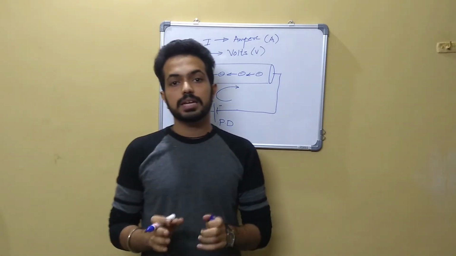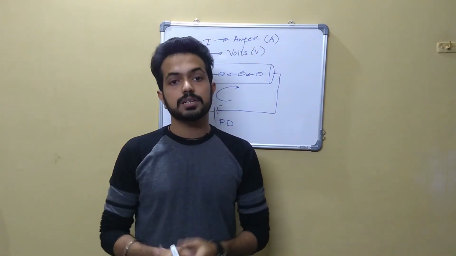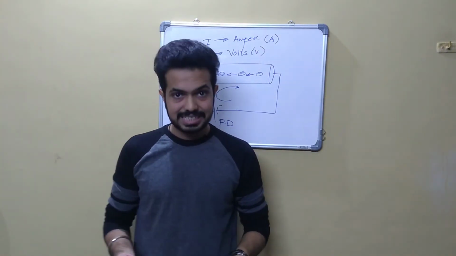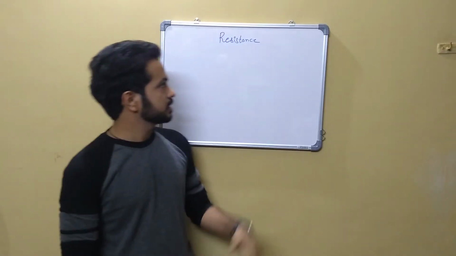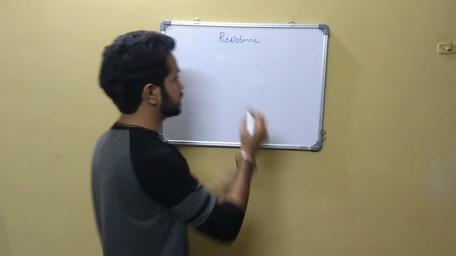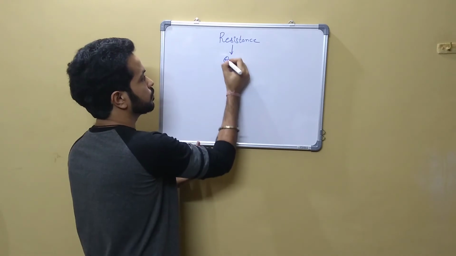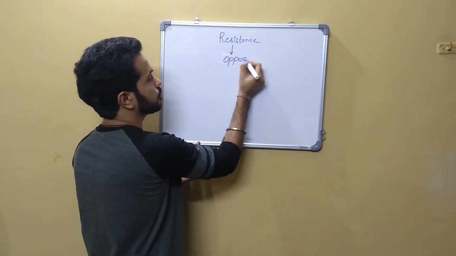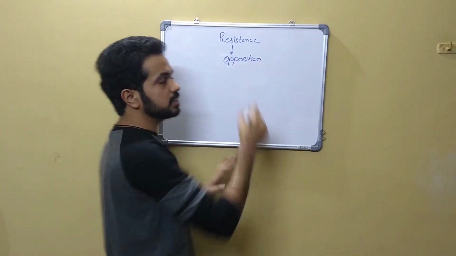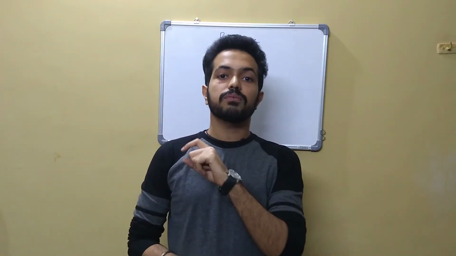Now let's talk about another very important parameter which comes into the picture when we talk about the basics, and that is resistance. Resistance, as the word says, means opposition. Opposition to what? Opposition to the flow of electrons.